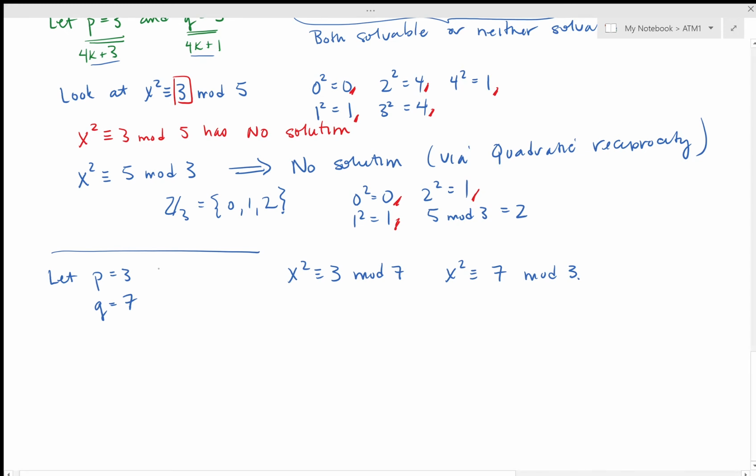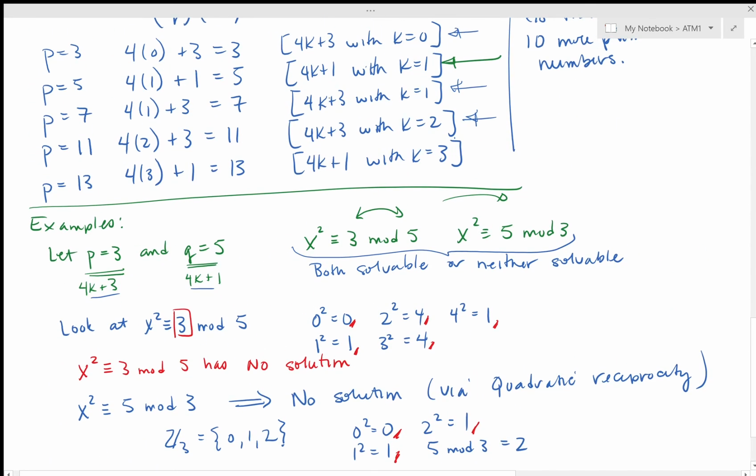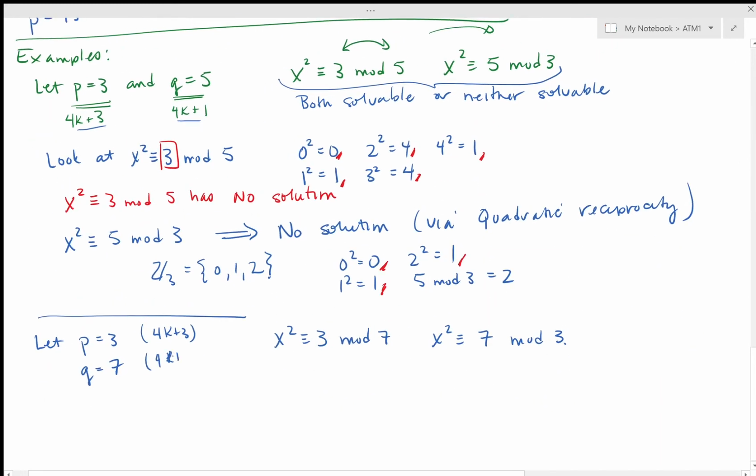I have already identified 3 to be of form 4k plus 3, and 7, let's just look back in our table, we've identified 7 to be of the form 4k plus 3 as well. So both primes are of the form 4k plus 3.